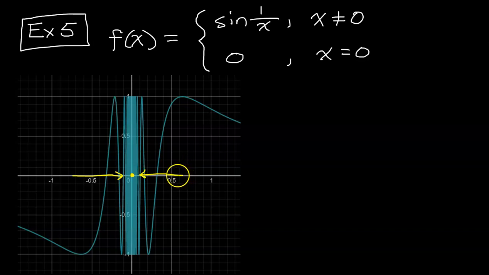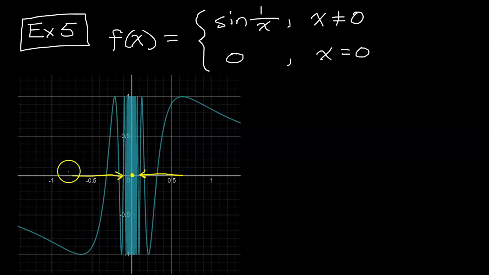Same thing as you approach 0 from the right. There is no limit because the function does not approach a single value. It just keeps switching. So, because there is no limit as x approaches 0 from the left or from the right, the function is discontinuous at 0.